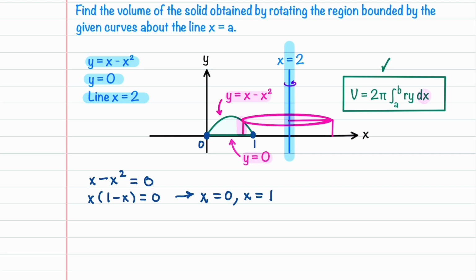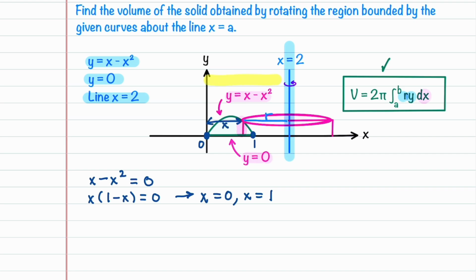Now what we need to do is find r and y. R is the distance from our curve to the line that we're revolving about. So this distance right here is going to be r. To find what r is equal to as a function of x, we need to notice that this distance right here is equal to x.